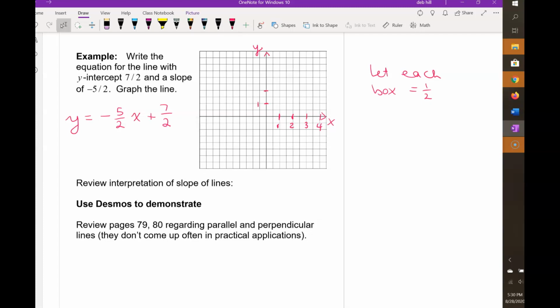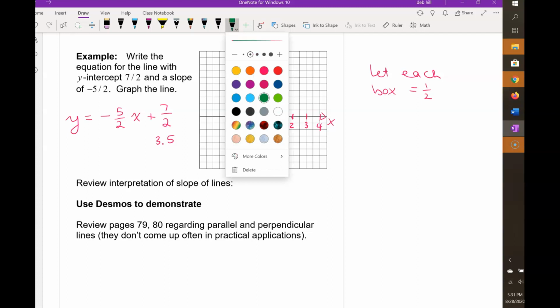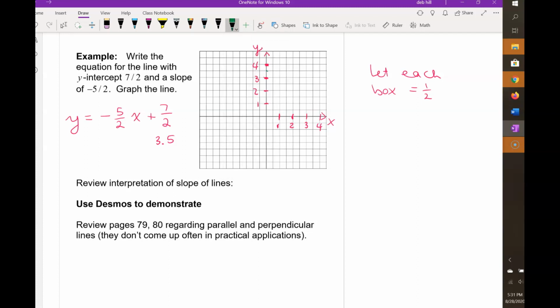Then on my vertical scale, again, I would have let each box be 1/2. So then my y-intercept is 7/2. If it's helpful, you can turn that into a decimal and see, oh, that's 3.5. So I would go up to the y-intercept of 3.5 and plot my y-intercept. And then my slope is negative 5/2.